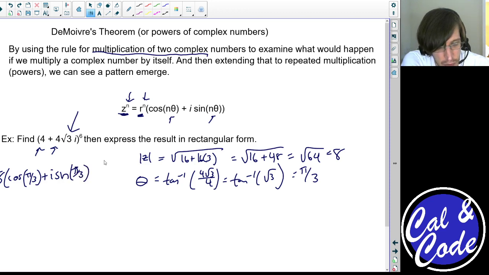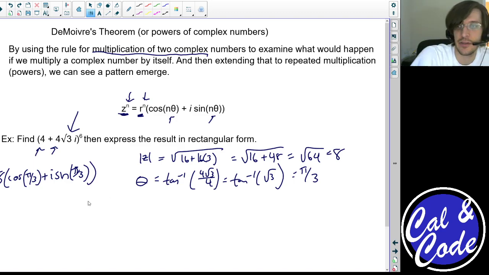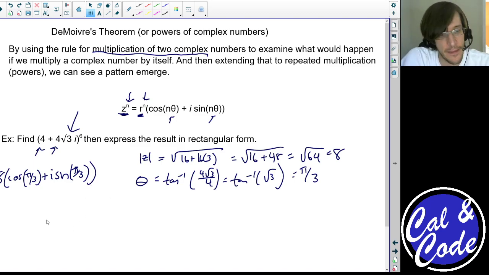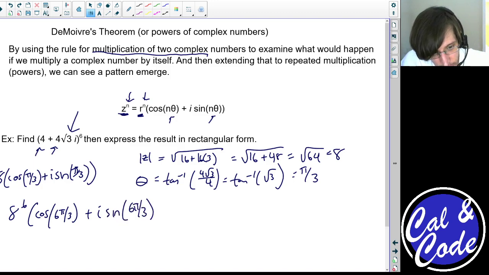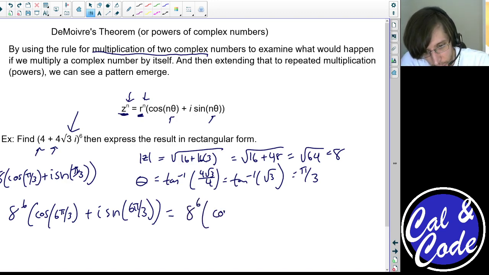I want to make sure I'm showing this work for anyone who's watching, so that they can follow along and make sure I'm doing the right thing. So raising this to the sixth power is going to be 8 to the sixth power times the cosine of 6 times pi over 3, plus i times the sine of 6 pi over 3, which we end up with is 8 to the 6th times the cosine of 2 pi plus i times the sine of 2 pi.